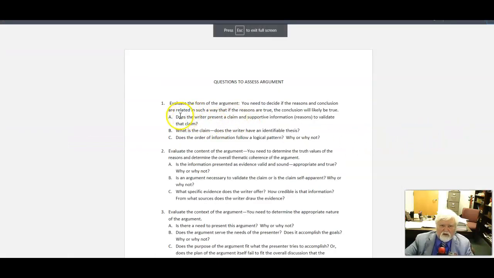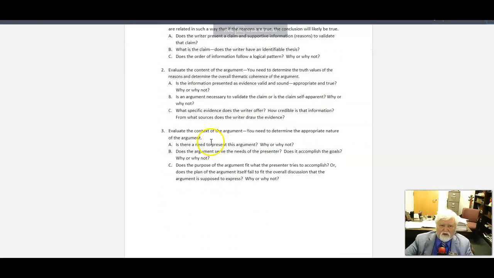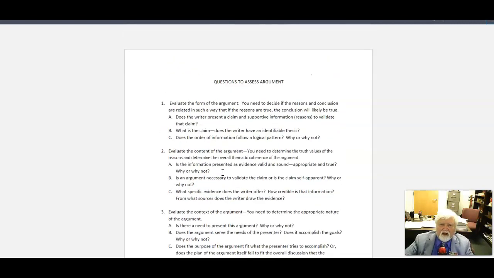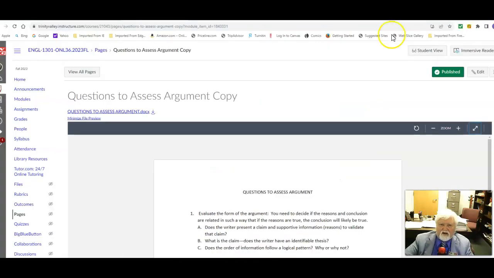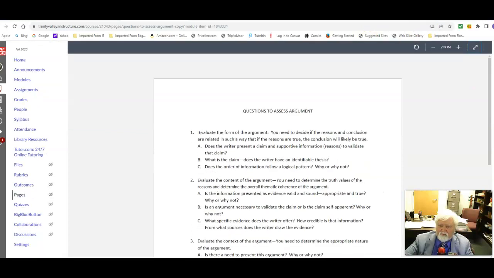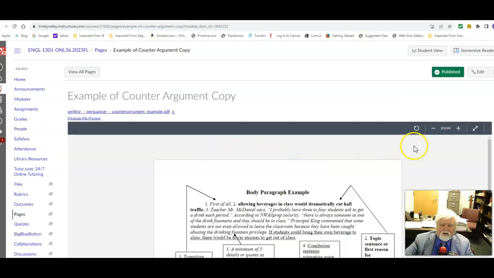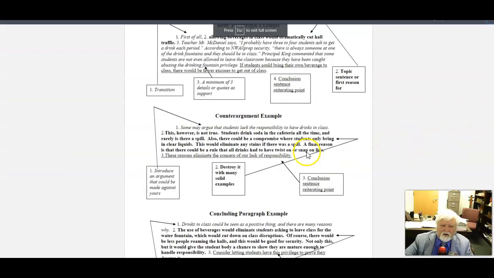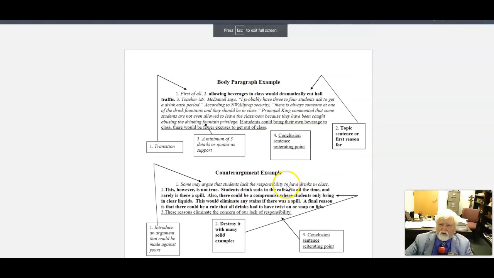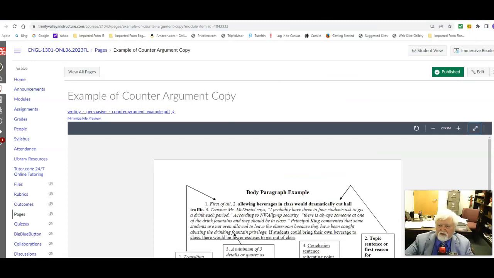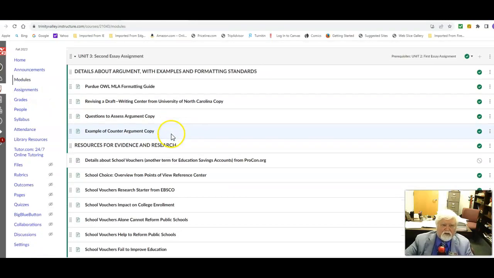And again, points that you need to consider, points that you need to think about as you're looking over your overall essay and apply it to your own work. And then the next part is the example of the counter-argument, how you go about doing that and how that gets included so that you understand what that involves. So again, that's set up for you in the module for the second essay.